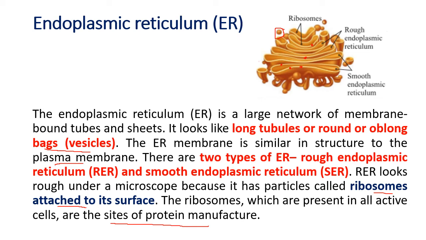The endoplasmic reticulum, the tube-like structure, carries materials inside the cell. The smooth endoplasmic reticulum also helps in the manufacture of fat molecules or lipids important for cell function. So ribosomes manufacture proteins while the smooth endoplasmic reticulum manufactures lipids for the cell function.